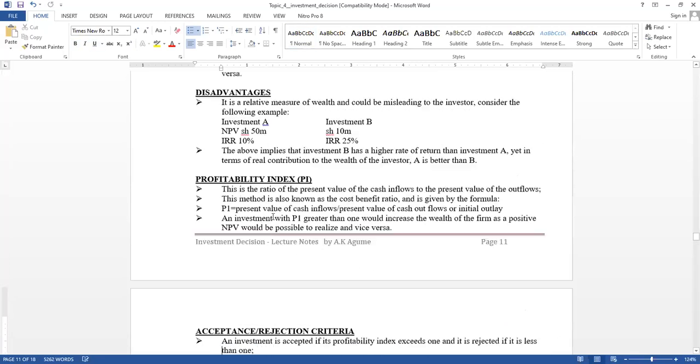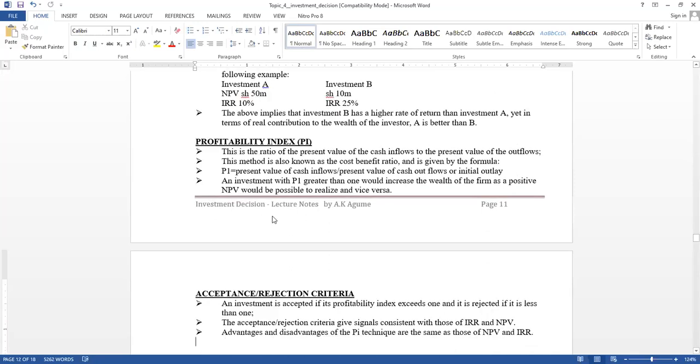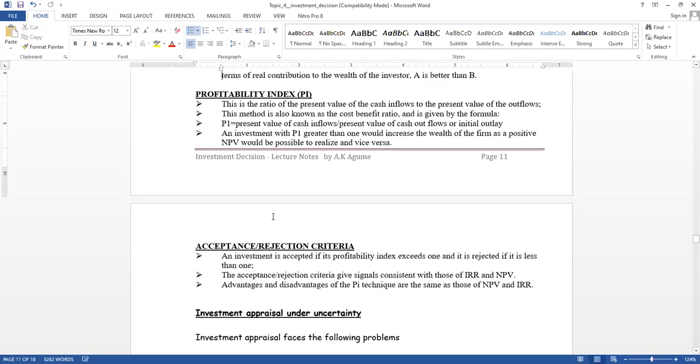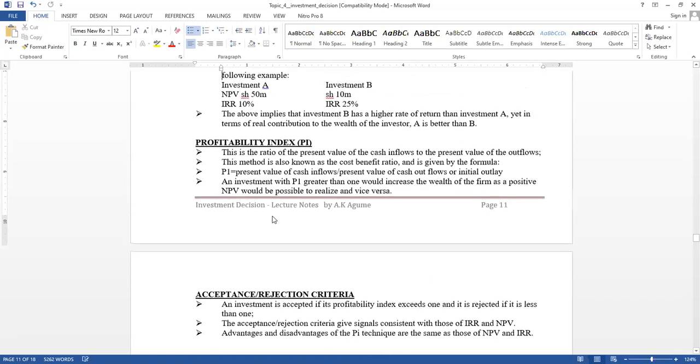Then the third method, which considers time value of money, is profitability index, PI. Okay? Profitability index. And with PI, it is the ratio of present value of cash inflows to the present value of outflows.